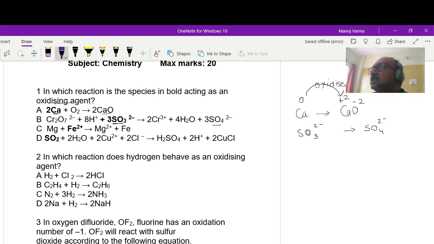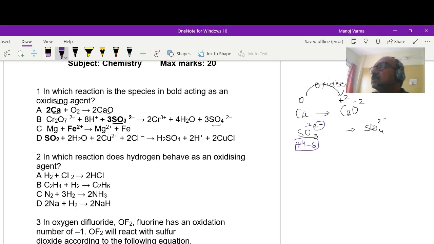Oxygen is -2, so 3 oxygens give -6, but sulfur must be +4, because +4 -6 is equal to -2.